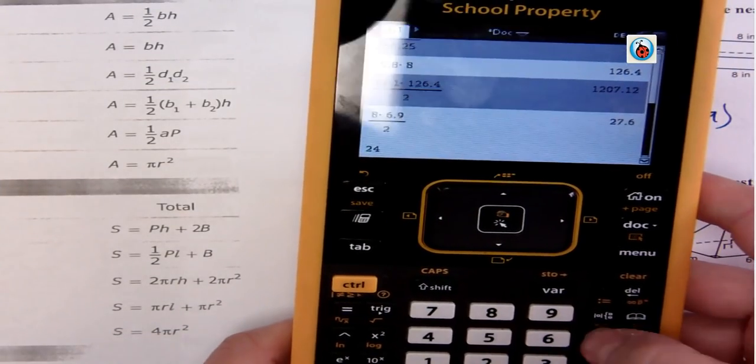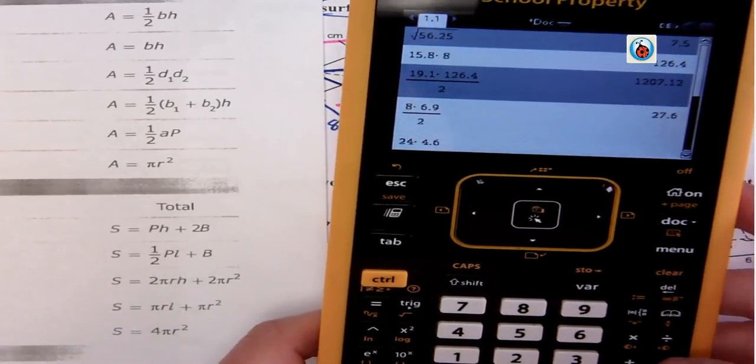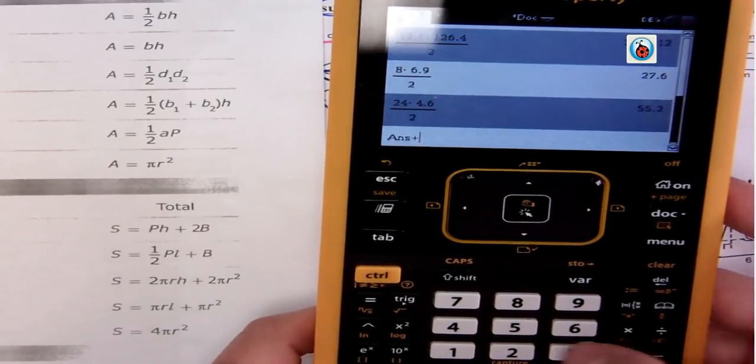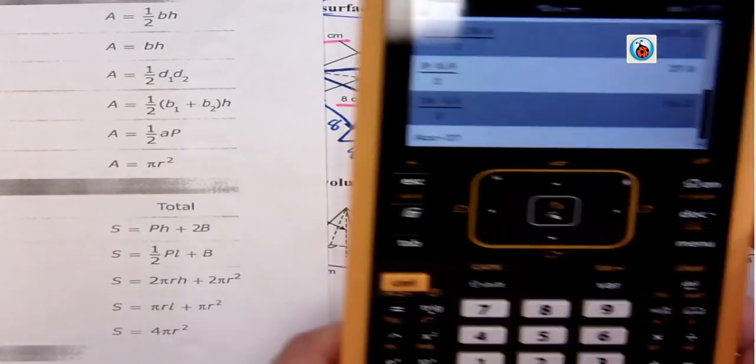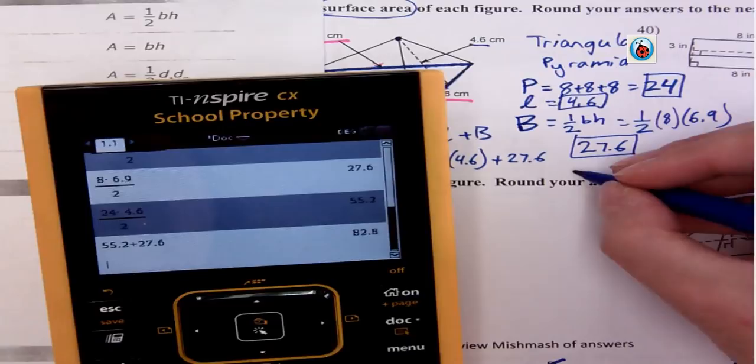If I do 24 times 4.6 divided by 2, and then add in my 27.6, I get 82.8.